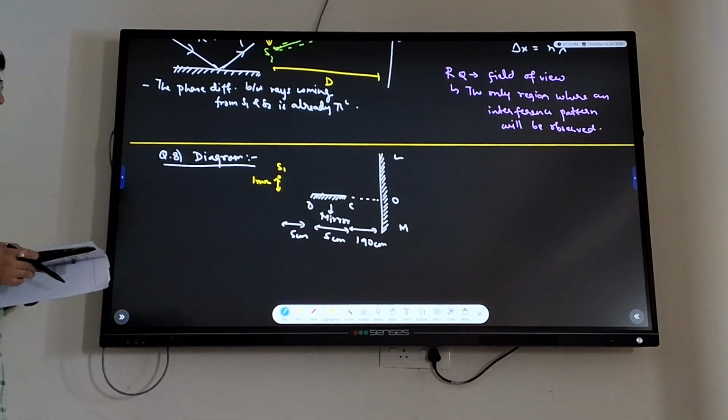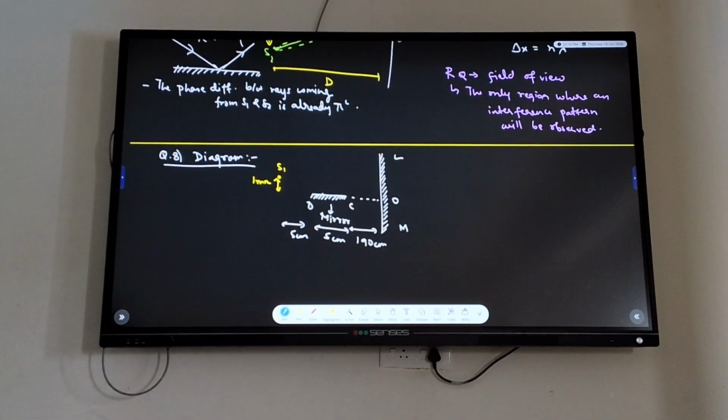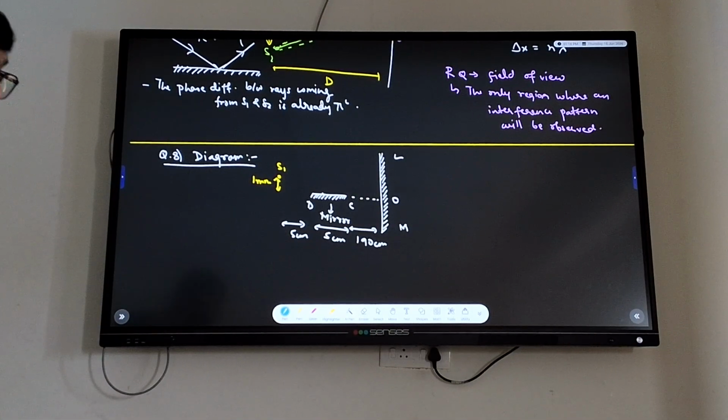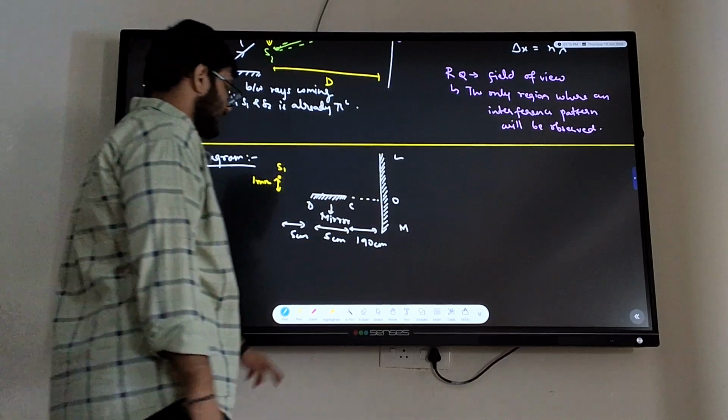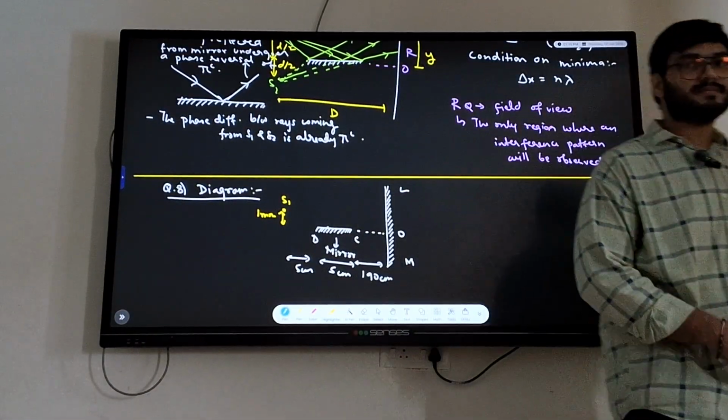This is given in the question, and now take it as homework, since I don't think you will be able to solve it in 4 minutes, but if you want you can try. It's actually very simple. This is the diagram at hand, and now attempt.